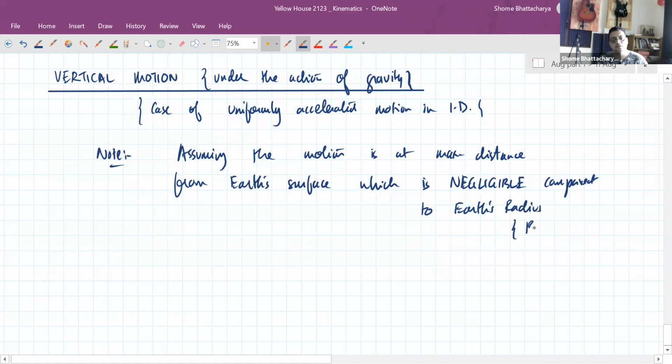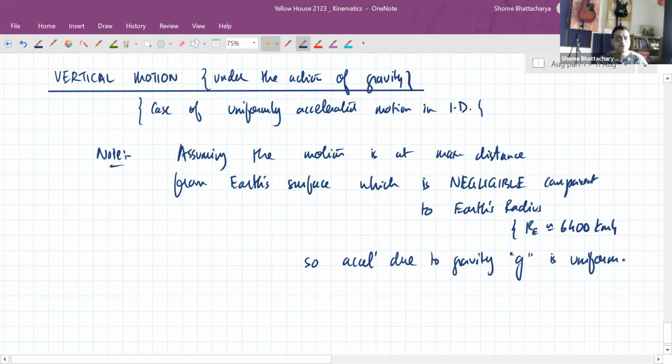Earth's radius is approximately 6,400 kilometers. Okay. So acceleration due to gravity, what we write as small g, is uniform.